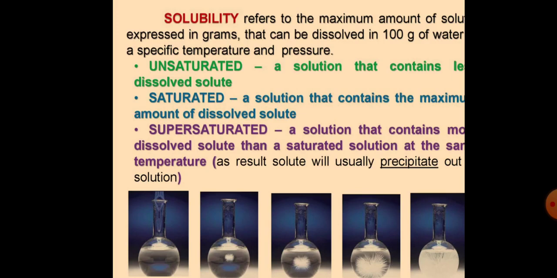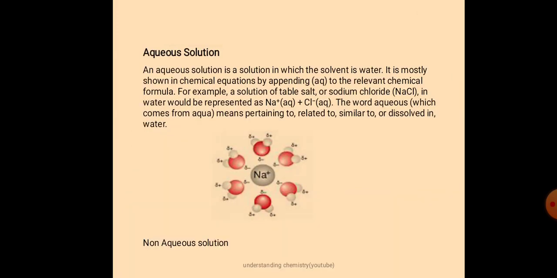Heat a saturated solution and dissolve some more solute into it, then cool it back to room temperature without causing any disturbance. Such a solution is a supersaturated solution, that is, a solution that holds more solute than it theoretically can at a given temperature.